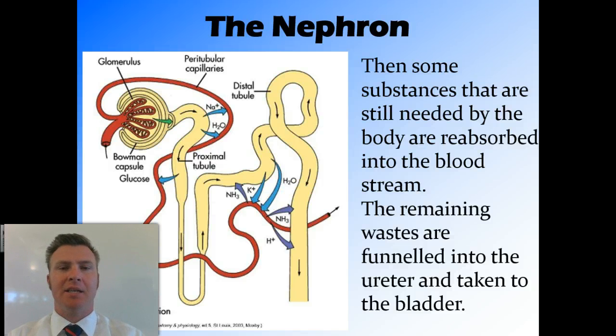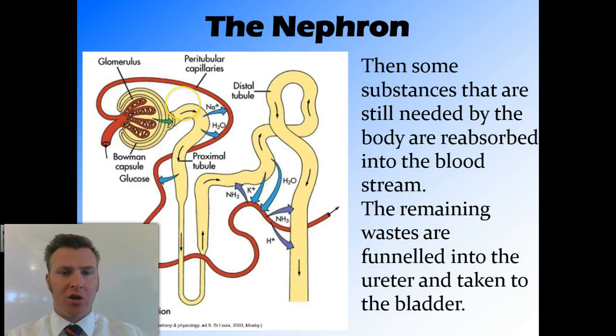Then what happens is not all the things that are filtered out of the glomerulus are waste products. As we said before, water and salt, things like that, the body might actually need to keep. If all the small things were lost, it wouldn't work properly. So what then happens after the filtration is reabsorption.